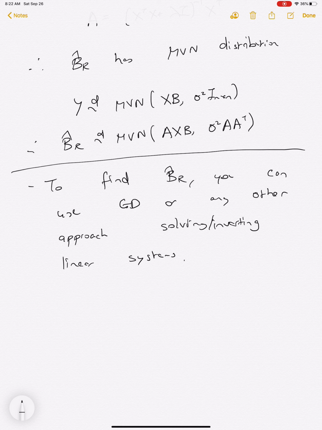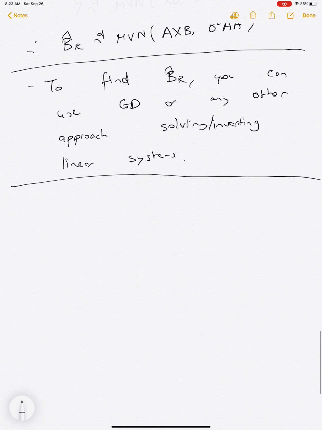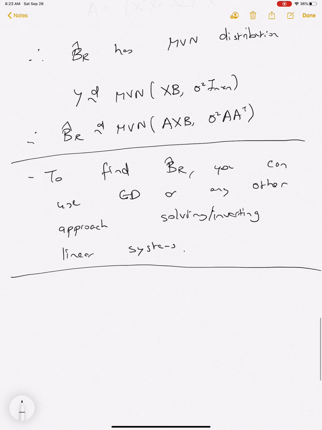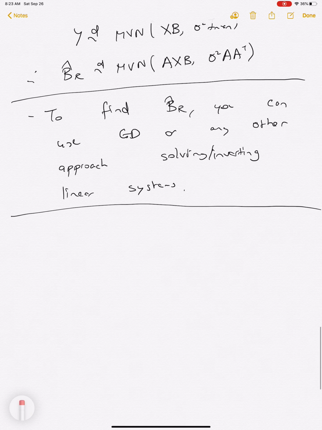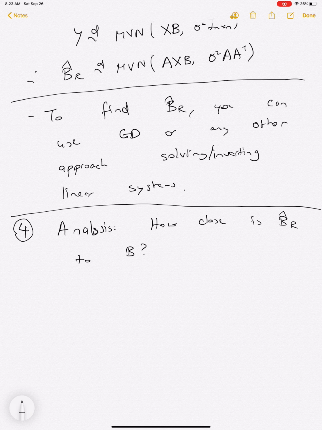Okay, so in some sense, the algorithm part of this is not too new or too different from what we've already seen. What's really interesting, and what we're going to focus on in this lecture and then the next lecture, is the analysis, which really asks the question, how close is β hat R to β?